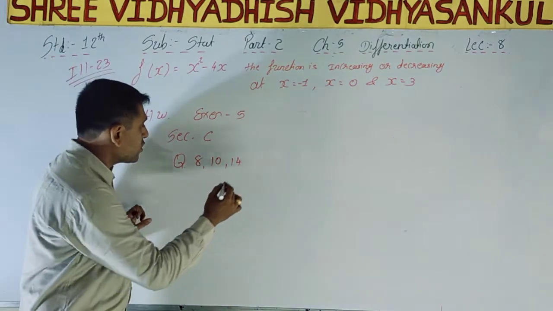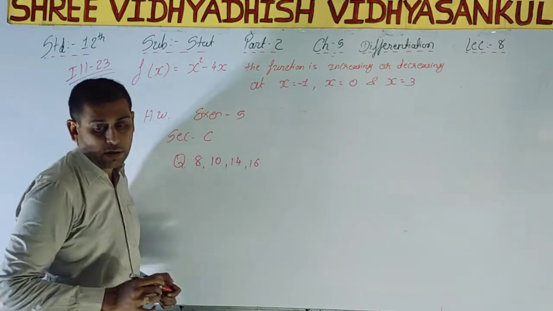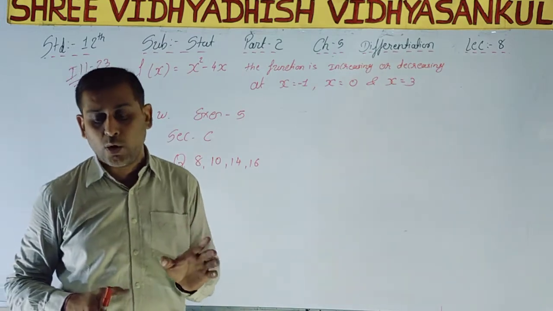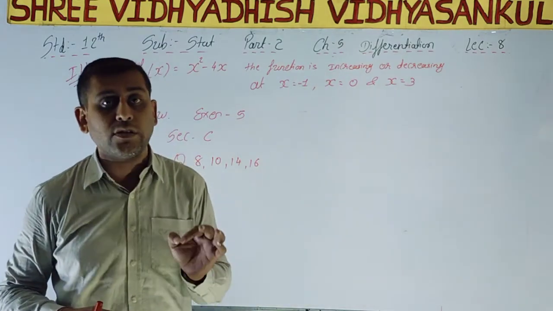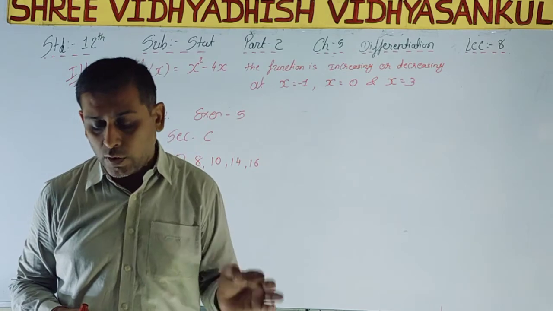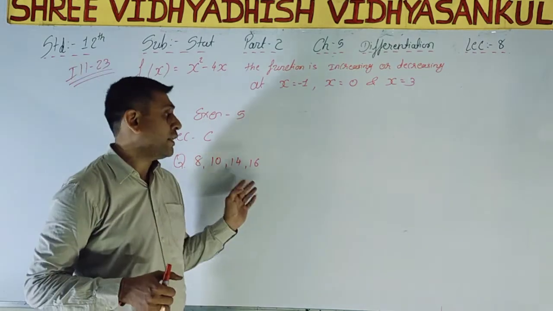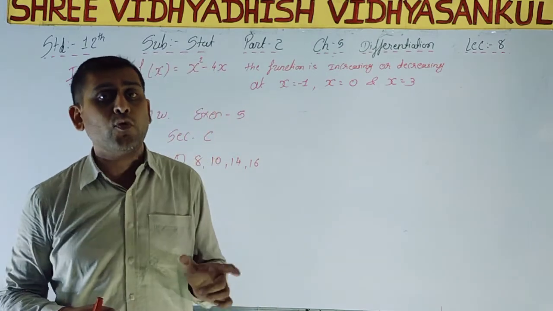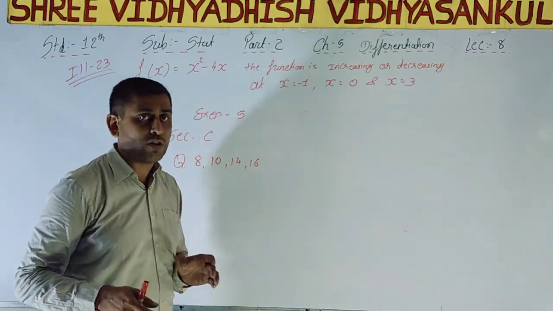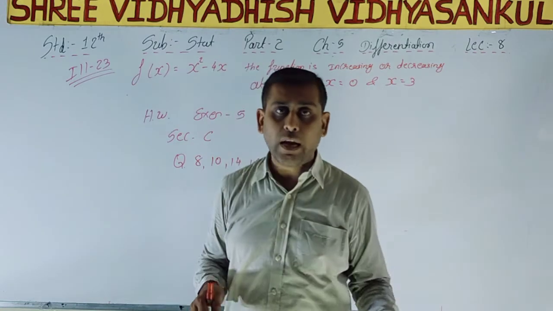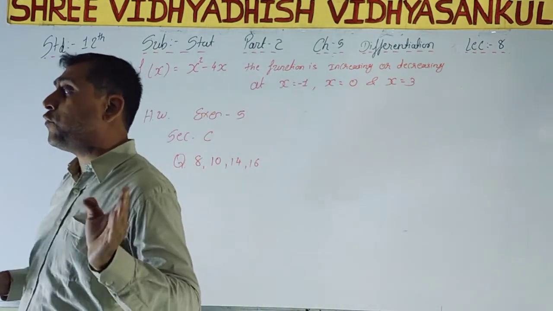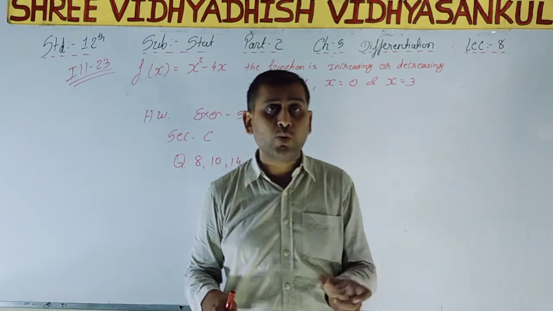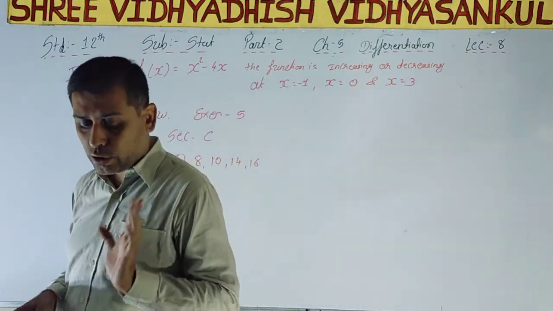Now 16, see here, again you have to find out first the first derivative, then put the value x equal to 2, right? We have to prove that f dash 2 is equal to 35. So you have to find out the first differentiation, then put the value 2 in that particular answer, and then find out whether 35 is the answer or not. You have to prove that f dash 2 is equal to 35.